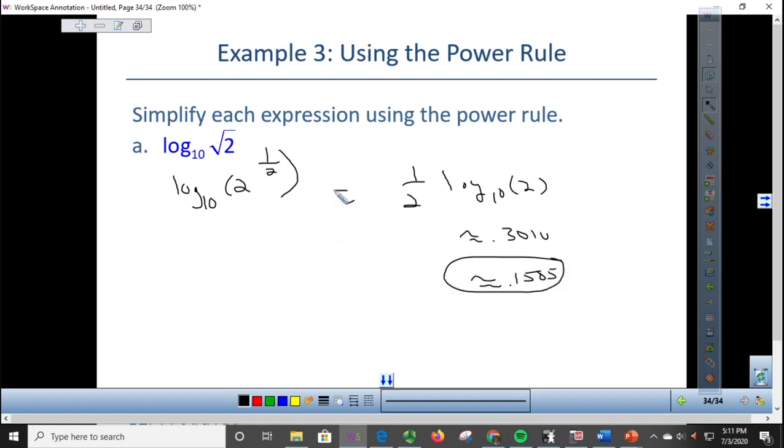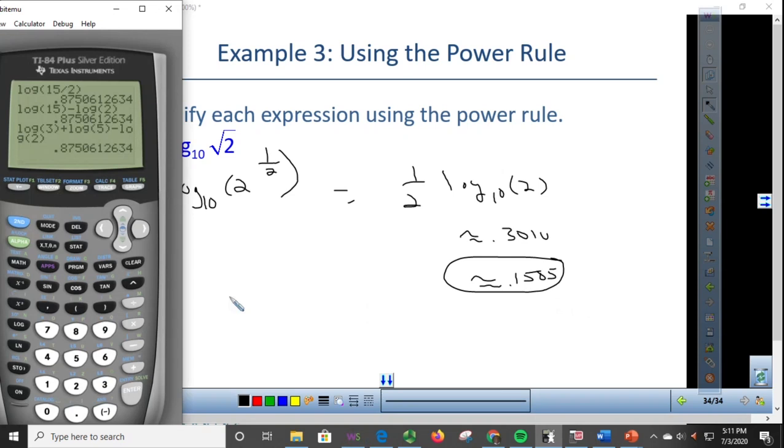So just by utilizing the tools that we already know, we don't have to go to a calculator to evaluate this, but of course we always want to use our calculator just to verify, right?